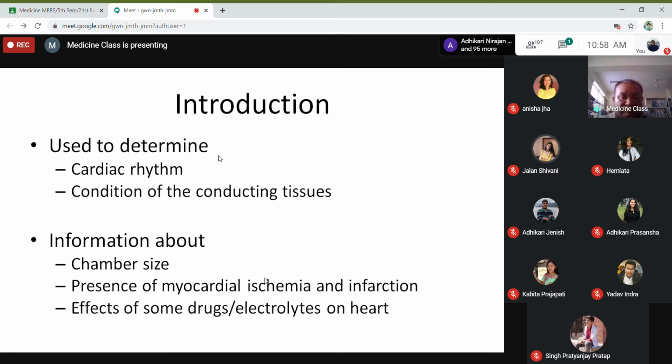And if you have hyperkalemia, hypokalemia, hypercalcemia or hypocalcemia, these dyselectrolytemias can cause some effect on the heart, which we can see in ECG. So doing an ECG doesn't only mean you are diagnosing myocardial infarction, but we get a lot of other information about the heart.